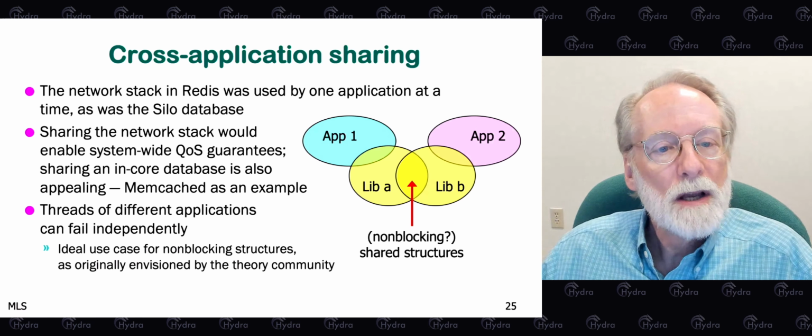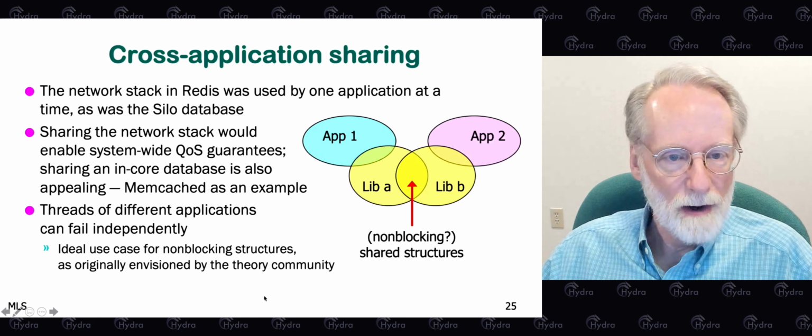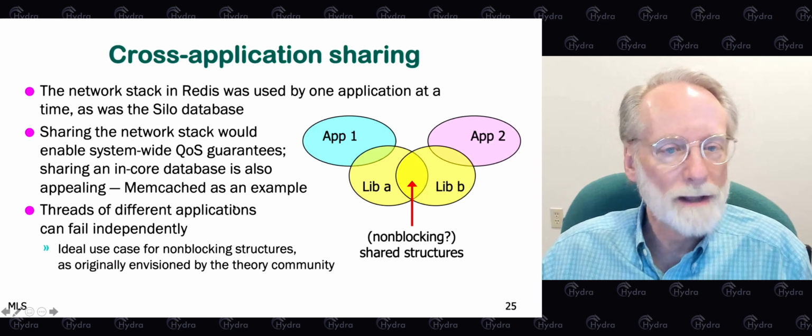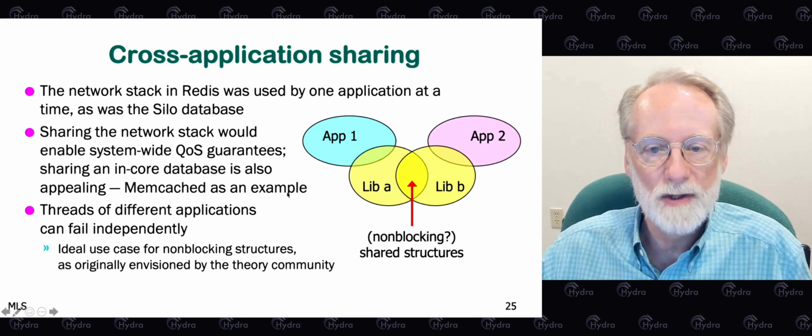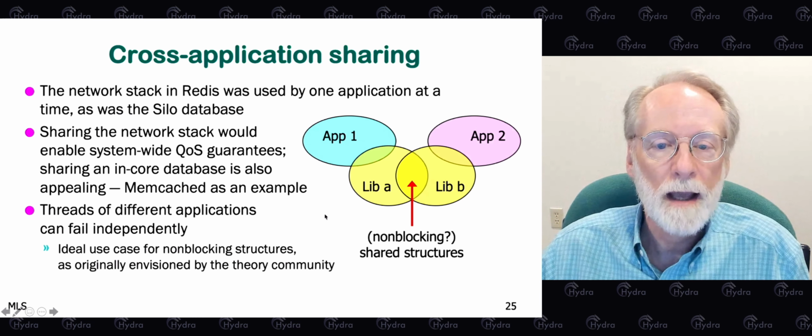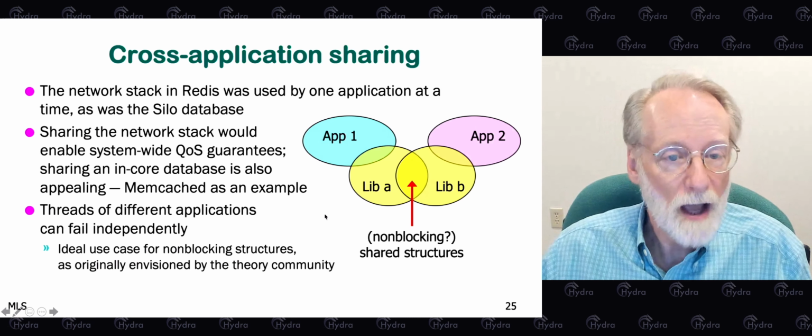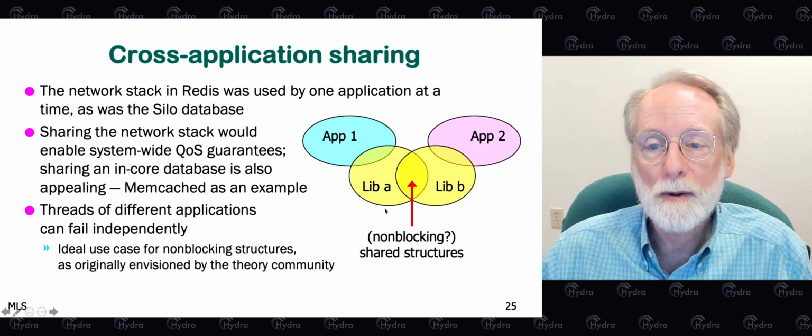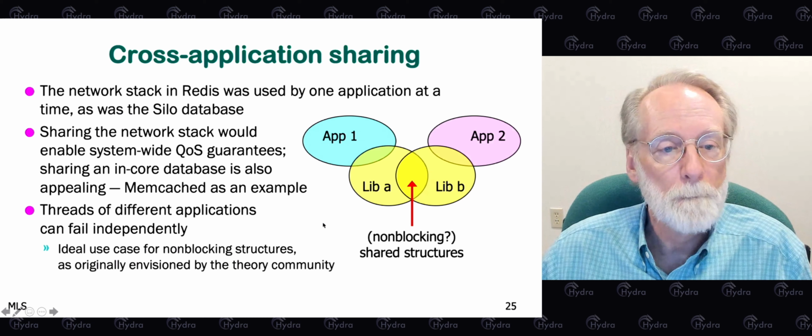So, as an example of this sharing, we've taken the very widely used Memcached key value store and have re-implemented it as a Hodor protected library, making it available to multiple applications concurrently.